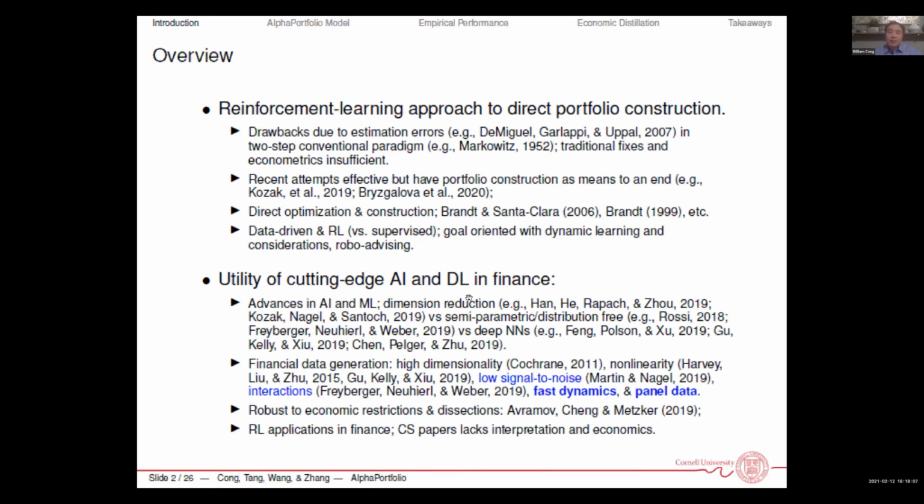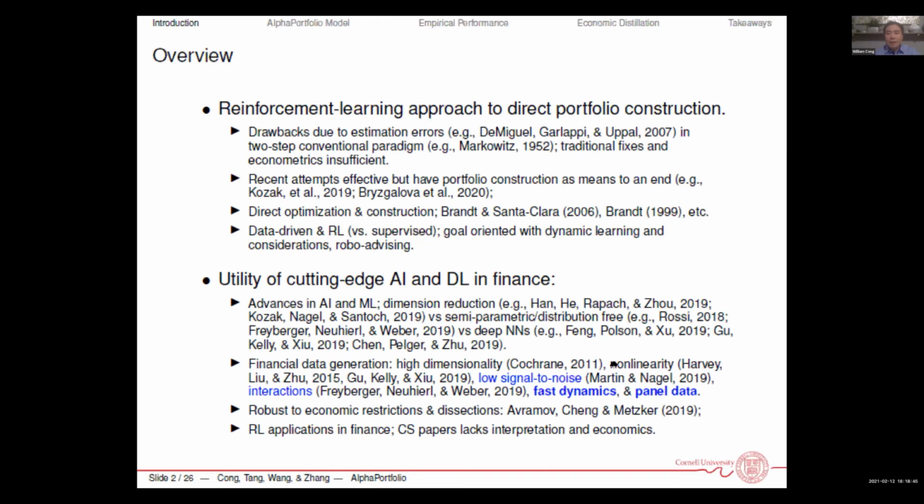If we look at all the recent machine learning applications, if I may attempt to group them, they either fall in this dimension reduction approach, or making the model more robust by taking a semi-parametric or distribution-free approach. And we want to bring in neural nets here because financial data are very different from science and engineering data.